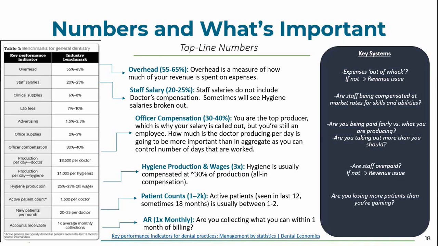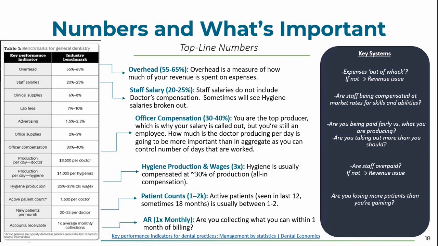You don't want it to be higher because that means you're accruing more in AR every single month and not collecting on a reasonable time frame. So you've always got this money sitting out there that is not attainable.